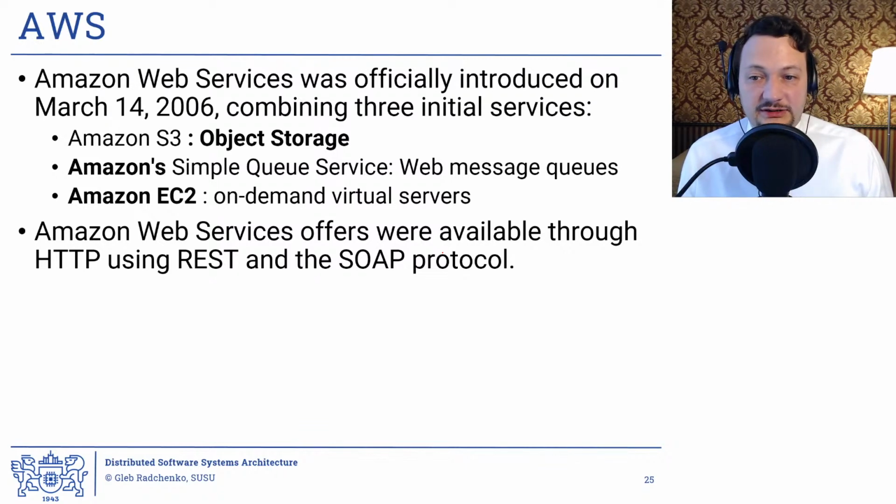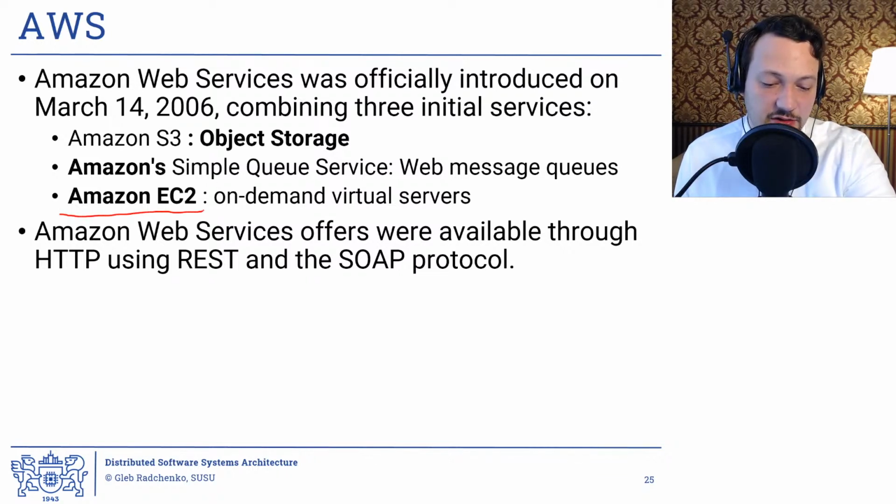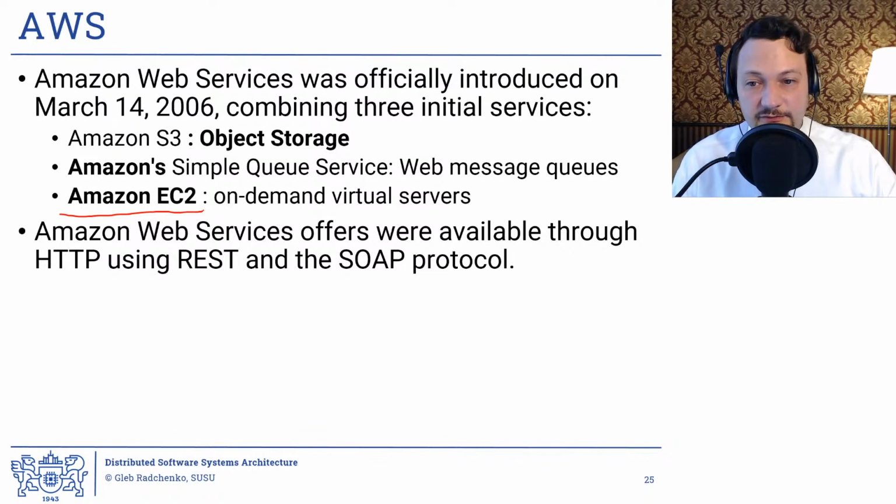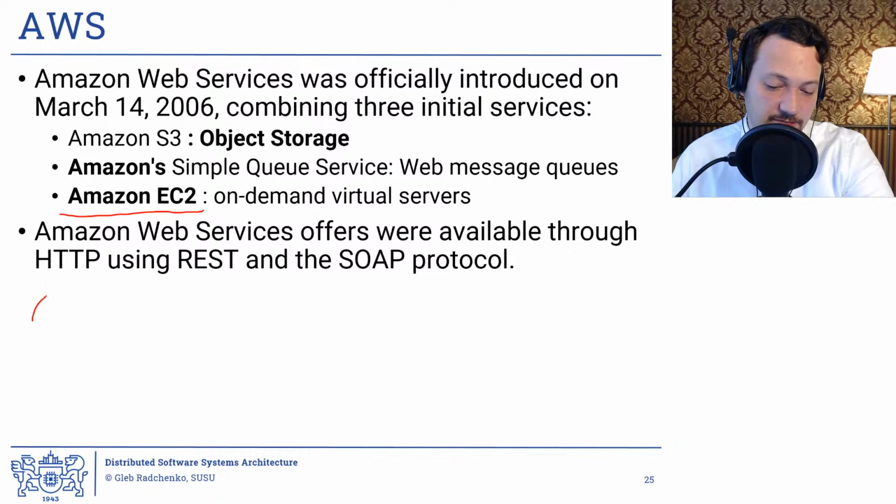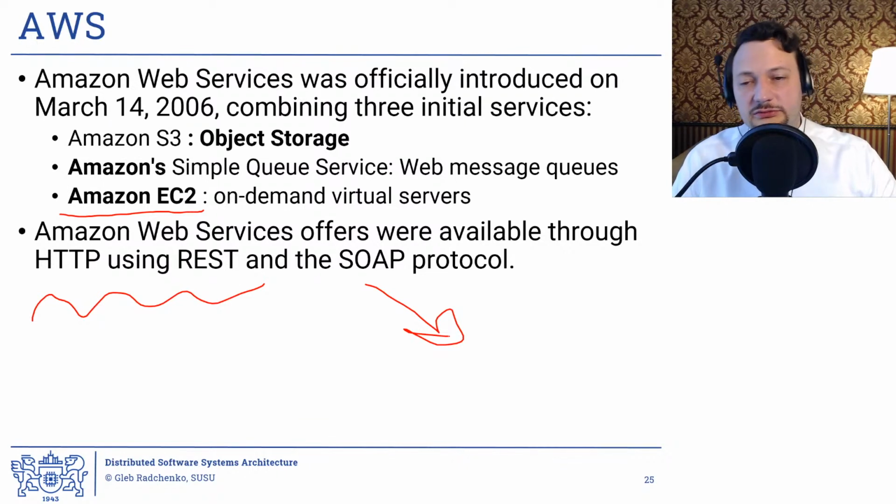And Amazon Elastic Compute Cloud, Amazon EC2, that was their new on-demand virtual servers solution. Amazon Web Services offers were available through the REST and SOAP protocols, and today mostly they use REST, and the SOAP protocol is in decline, and practically no one uses it.